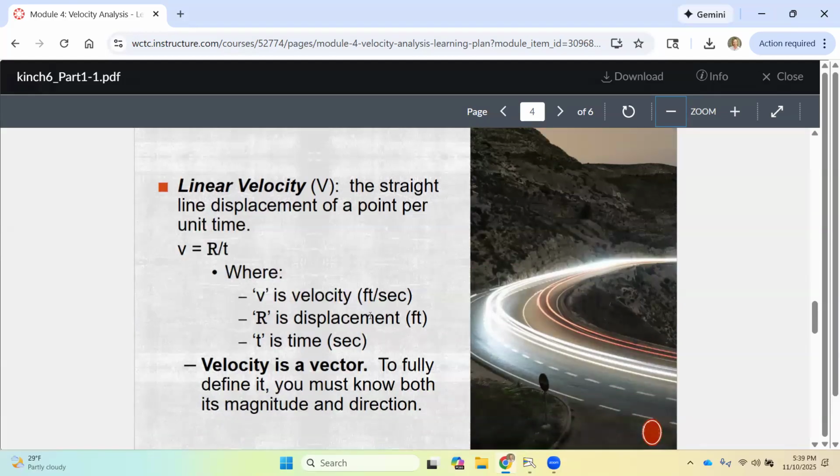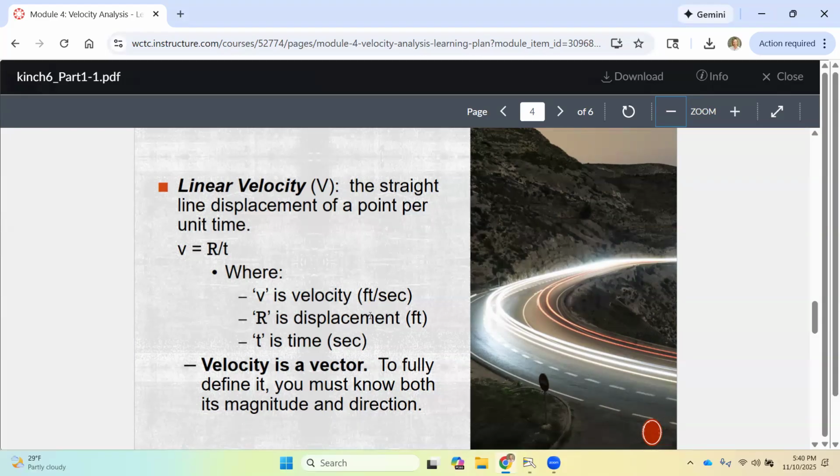So linear velocity, which uses the variable v, is going to be a straight line displacement of a point per unit of time. The equation that they use here in the book, but we'll see different variations of it, is v for velocity is equal to r for distance or displacement, divided by time. Many times you see that displacement as either s or as a lowercase d, which is usually what I use just because that's what I'm used to.